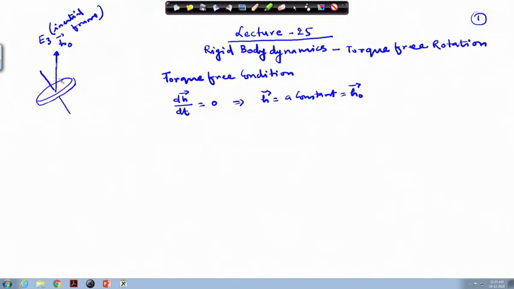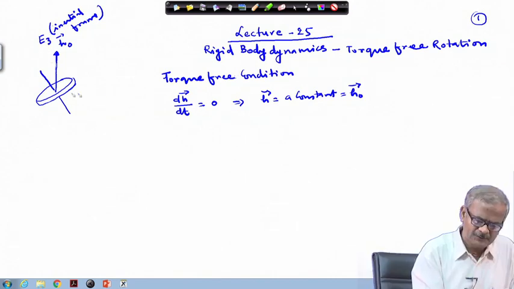Then E 1 and E 2 will look like this, which we are not drawing here.